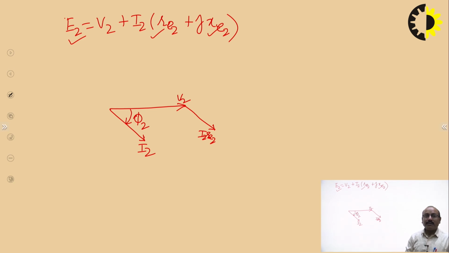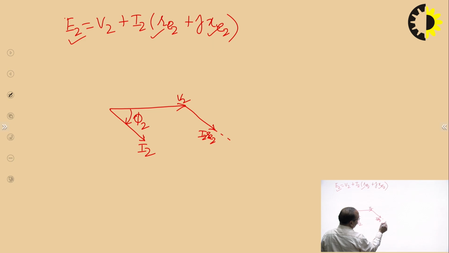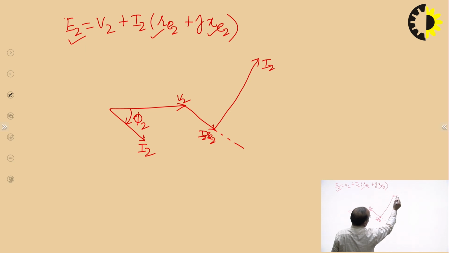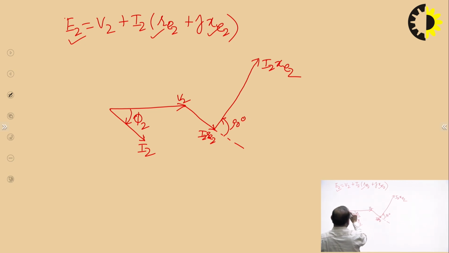This voltage will be leading I2 by 90 degrees. This is the I2 axis, since it is parallel to I2. So, I2 XE2 will be leading by 90 degrees from I2. This is I2 XE2, and this angle is 90 degrees leading. And now, the phasor addition of V2, I2 RE2 and I2 XE2 is equal to E2.